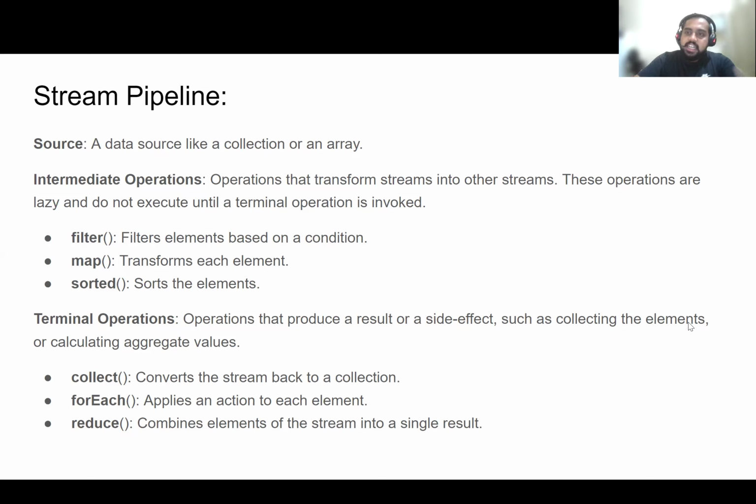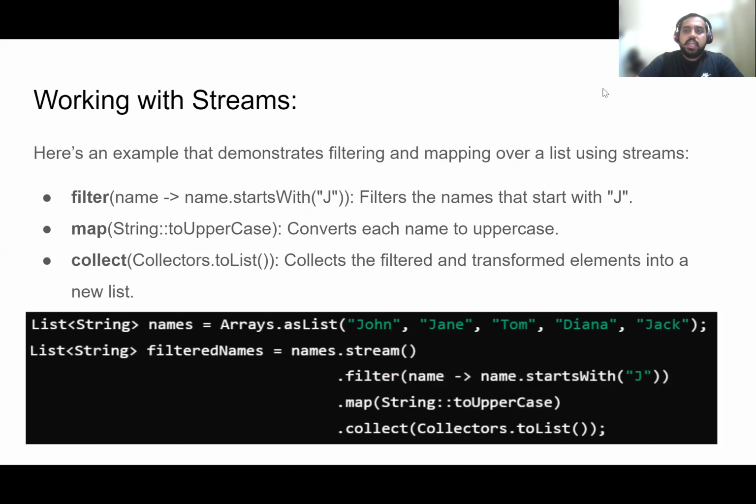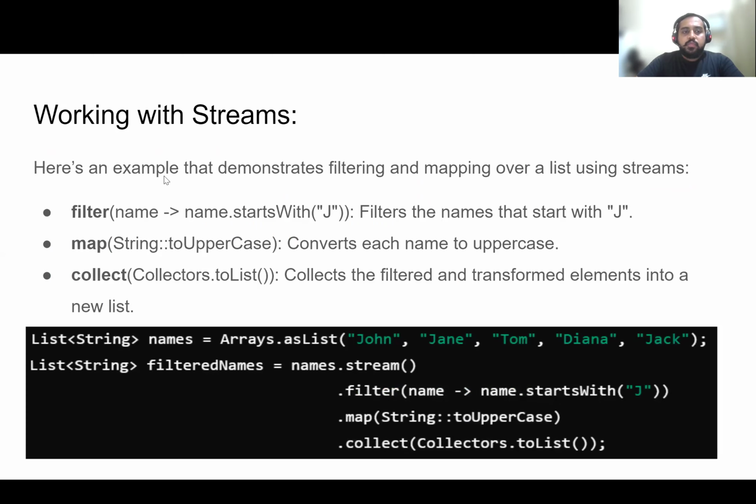Okay. Let's see an example so that you will be more clear. So how we can work with streams, let's see an example. First, in our example, you can see here, I'm using the utility class Arrays.asList to create an array list.